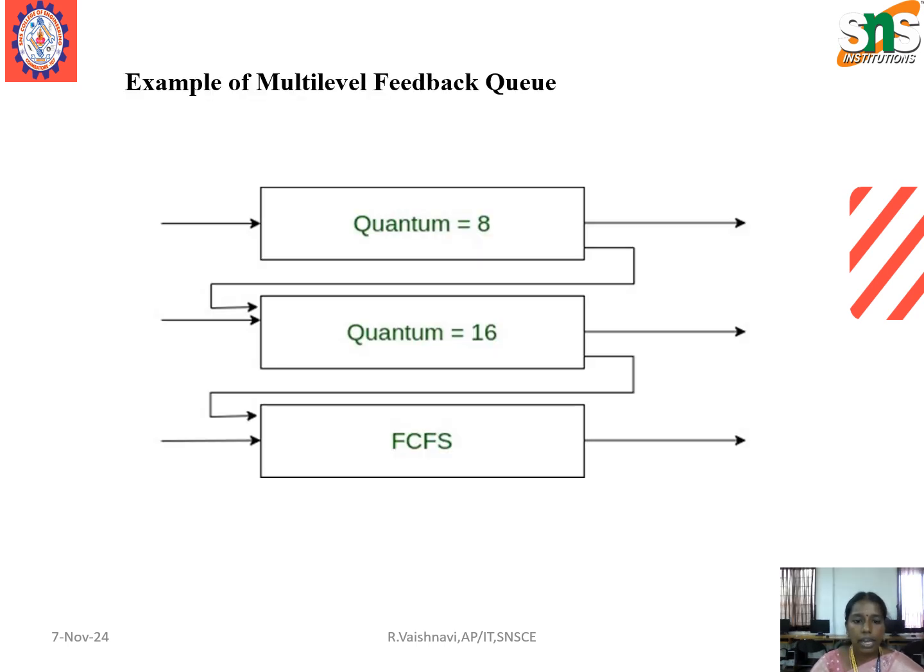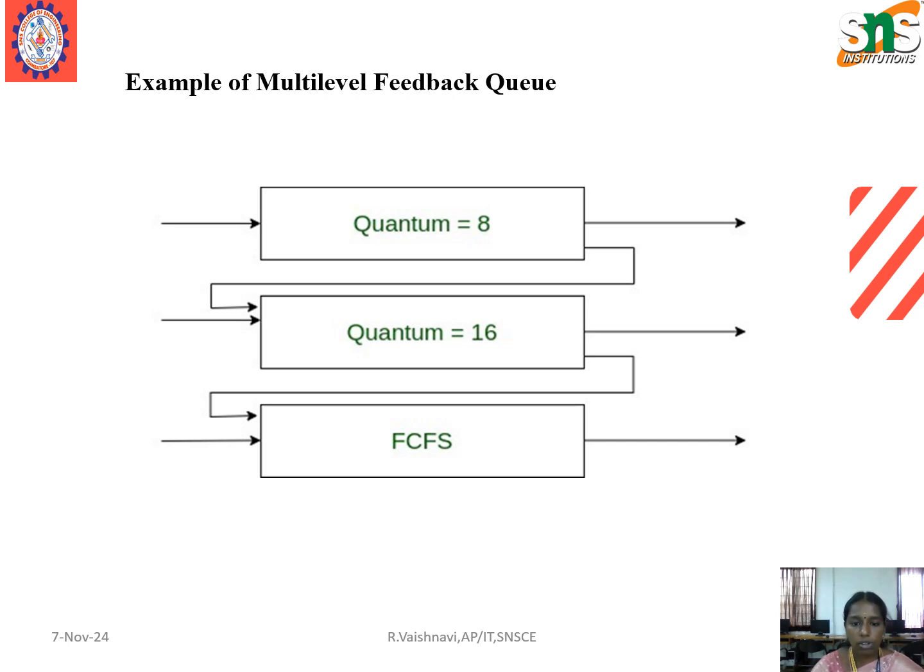Next one, here we have an example of the multi-level feedback queue. Here the first box is q0, where the quantum is given as 8 milliseconds. After executing q0 with quantum time equal to 8 milliseconds, it goes on to q1, where the quantum time is given as 16 milliseconds.